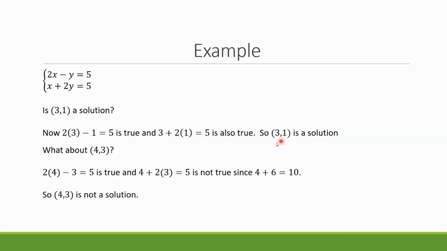So this is a solution to both equations. It satisfies both equations. What about (4, 3)? In the first equation, if x is 4 and y is 3, that equation holds. What about the second one? We have 4 plus 2 times 3. Is that equal to 5? No, it's not. So this is not a solution to both equations, so it's not a solution to the system.